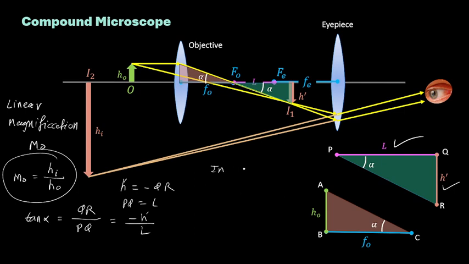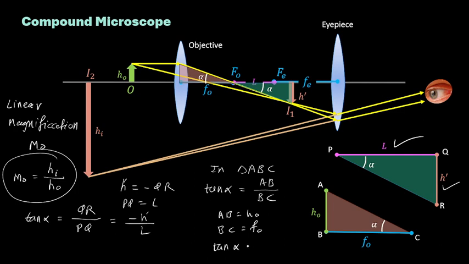Now, in triangle ABC, we similarly have tan alpha equal to the ratio of the opposite side AB and the adjacent side BC. AB represents object size, and object size is positive because object is erect upward above the principal axis. So AB is equal to object size, while BC is the focal length of an objective.